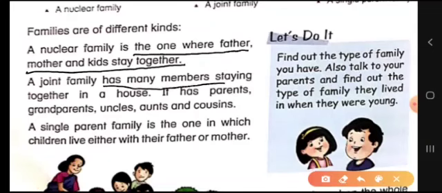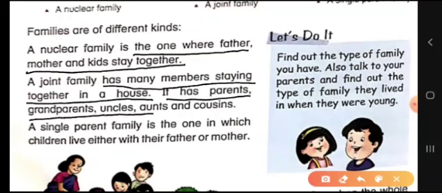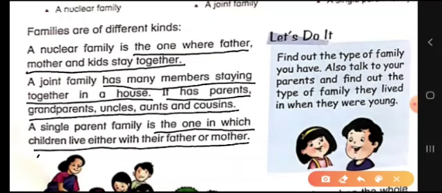It has many members staying together in a house, like parents, grandparents, uncles, aunts and cousins. Then we have a different kind of family, a single parent family. What does it consist of? It is the one in which children live with either their father or mother. So children, hope you have understood the different kinds of family.